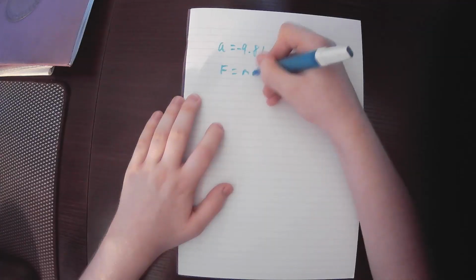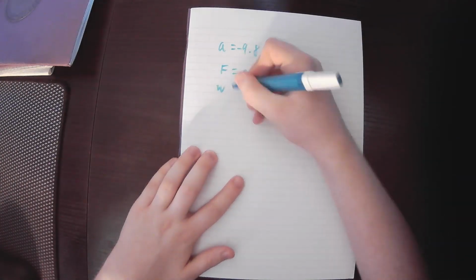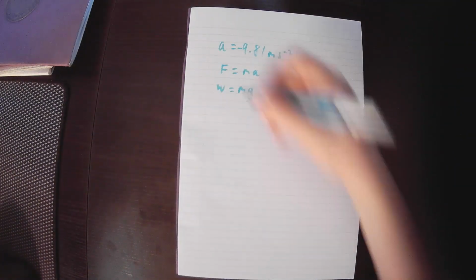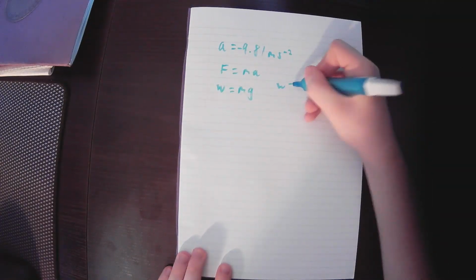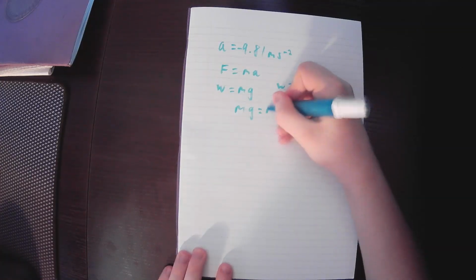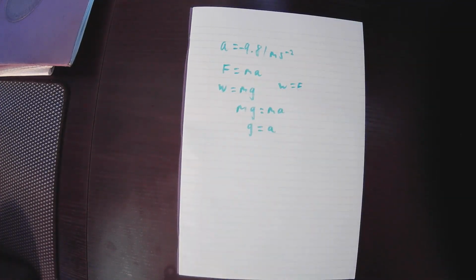If F equals ma and there's no air resistance, then the only force acting on an object is its weight. So weight equals the resultant force. So we can say mg equals ma, and therefore g equals a by dividing by m on both sides, right? It's just as simple as that.